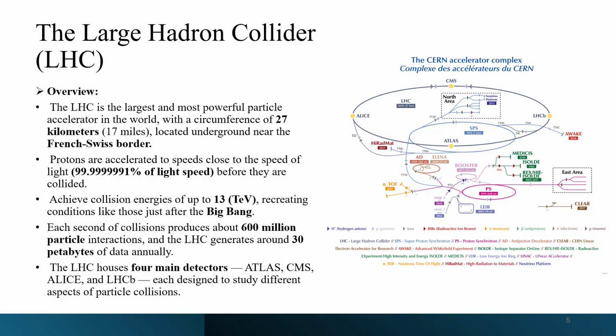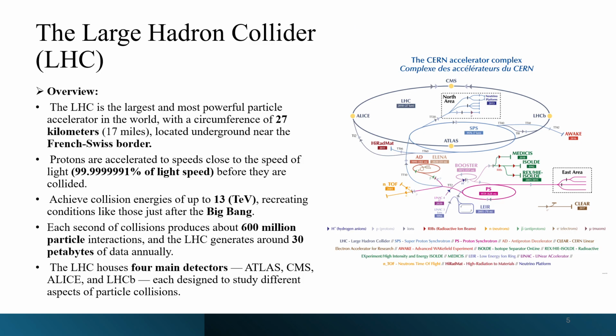At the LHC, we accelerate proton beams to nearly the speed of light, approximately 99.9%, and achieve a maximum energy of 13 teraelectron volts, recreating the conditions of the Big Bang. Every second, collisions produce 600 million particle interactions, and annually it produces 30 petabytes of data.